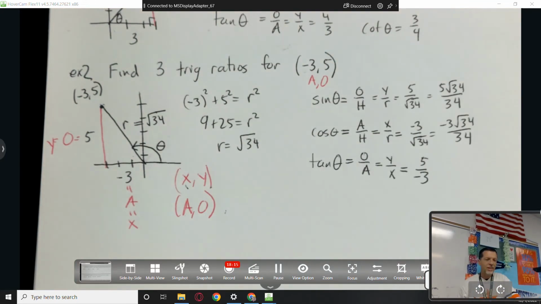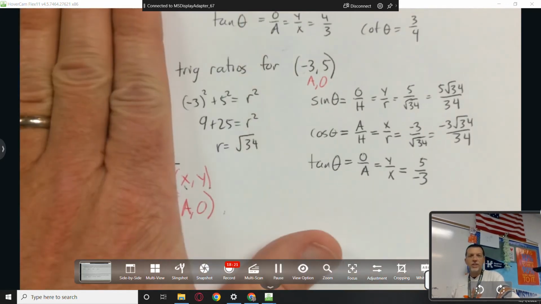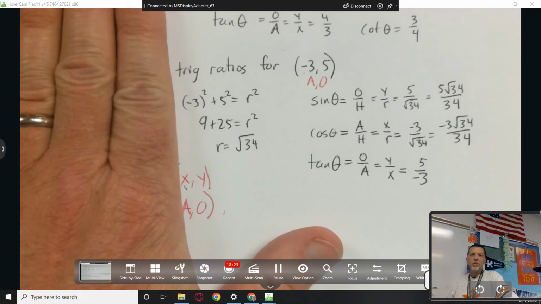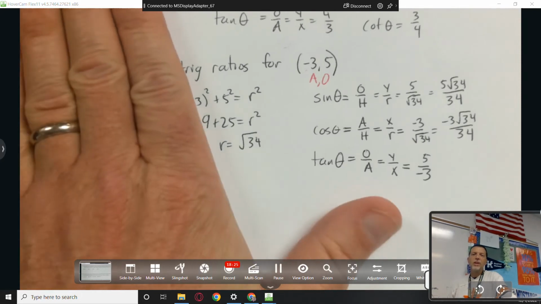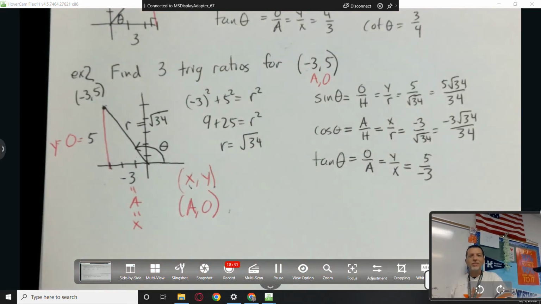And then you don't even need the picture because you know who opposite and adjacent are. You still need to find R, but you know that that's got to be x squared plus y squared. So you can work these without the picture. I don't really like that because it sort of loses the understanding of what's going on.